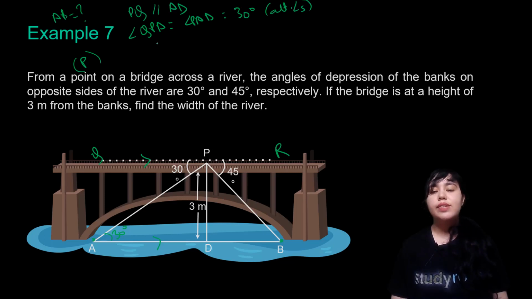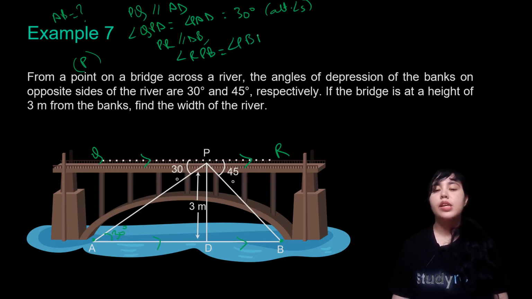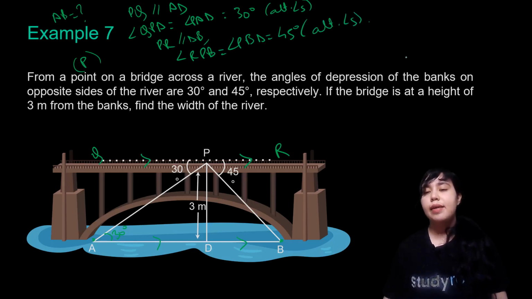And similarly we see that PR is parallel to DB. So this angle RPB is equal to angle PBD is equal to 45 degree. Again the reason would be what? Alternate angles. So basically I am having a triangle. This is P, here we are having, obviously this is perpendicular, you always measure the height in a perpendicular fashion.